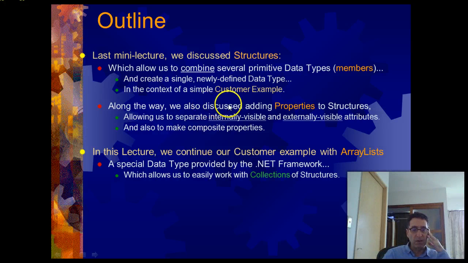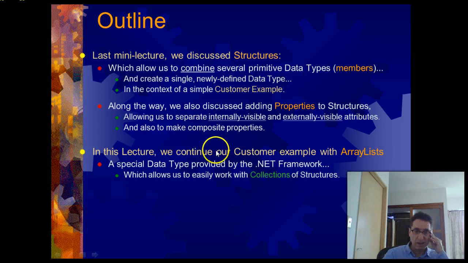Along the way, we also discussed adding properties to structures, allowing us to separate internally visible and externally visible attributes, so that the last field we just talked about could only be changed by changing the other text boxes. You couldn't change it directly.